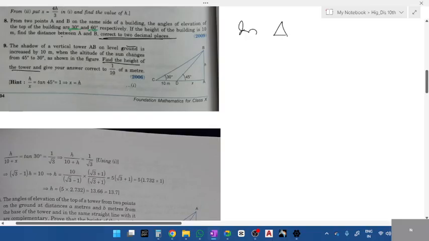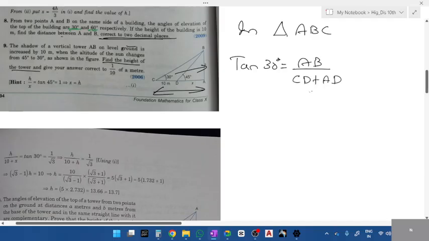In triangle ABC, the height is what you need to find, that is the perpendicular, and the base values are given. So which one do you have to take? Tan 30 is equal to AB divided by the entire value, CD plus AD, right? AB is h, CD is 10, plus AD is x. Tan 30 is 1 by root 3.